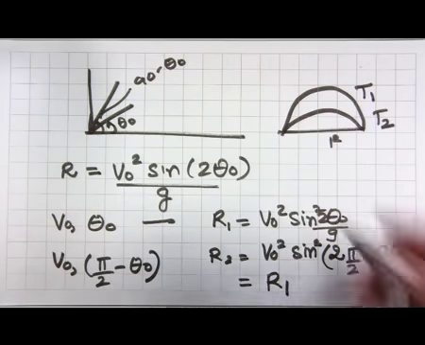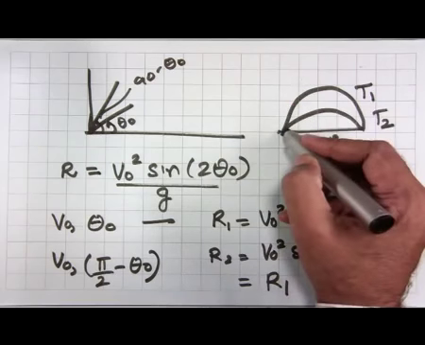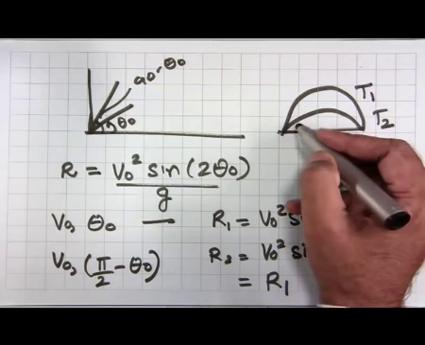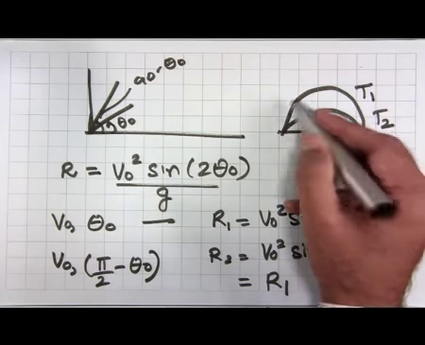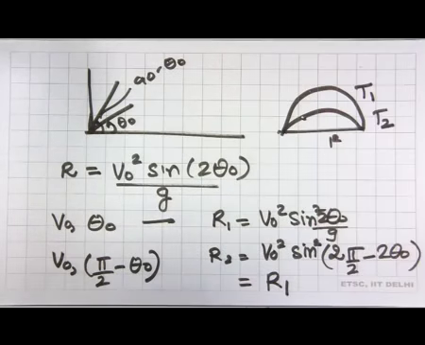The times will be different, and that is obvious from the fact that the time of flight depends on the initial vertical velocity. And when theta zeros are different, the initial vertical velocity of projectile 1 and projectile 2 will be different, even though the ranges may be same.